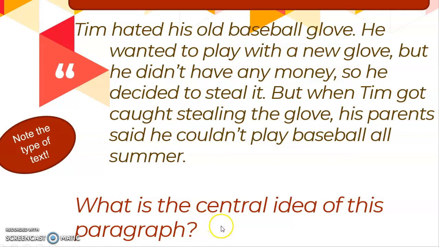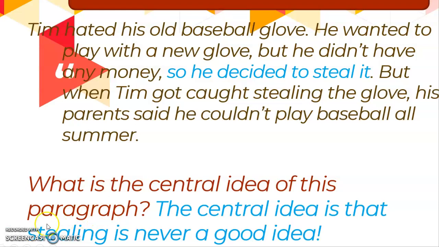So, if we're talking about the central idea of this paragraph, it's not going to be so much about the old baseball glove, although it is about the baseball glove and also playing baseball. Really, the central idea of the text is going to be that stealing is never a good idea, right? That he got caught, and because he decided to steal, he was no longer able to play baseball.